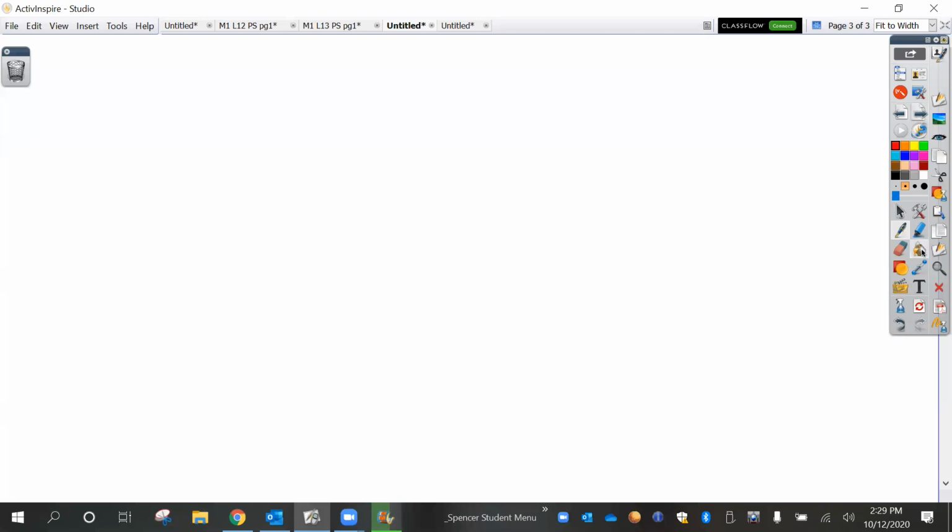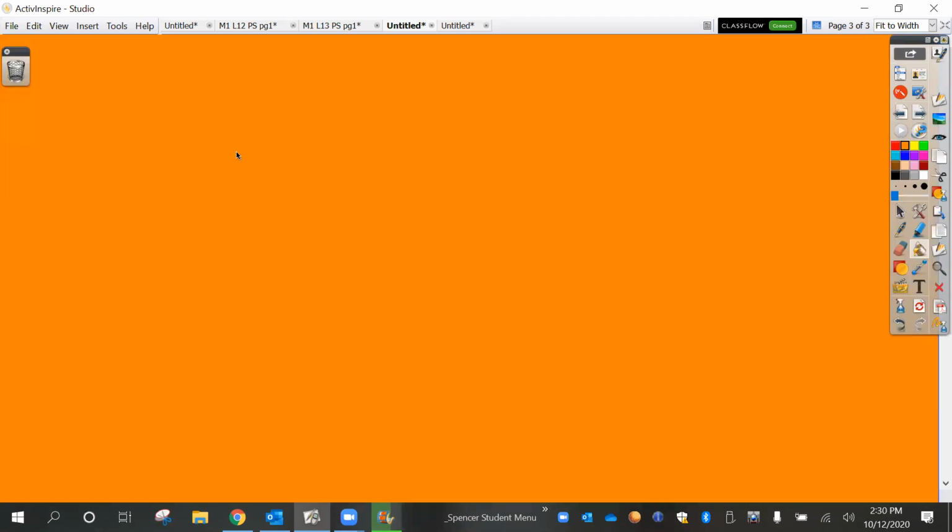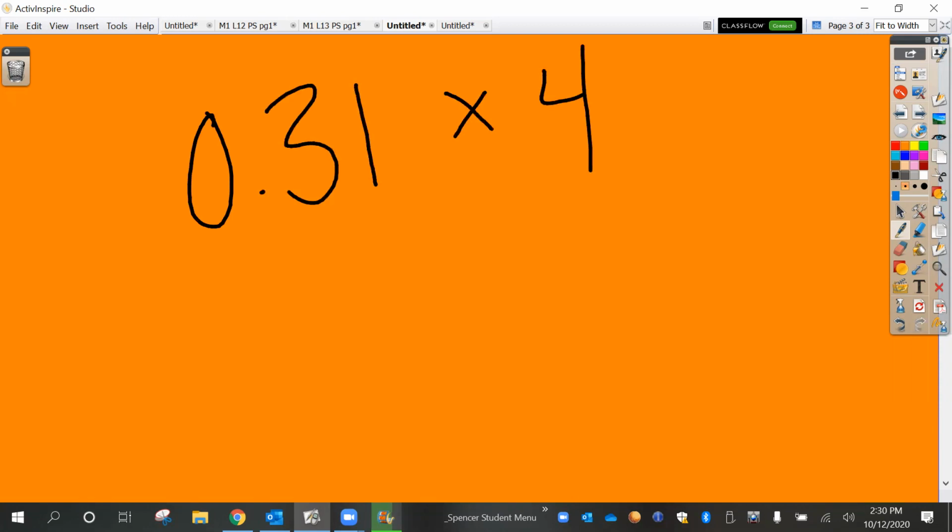So let me just quickly give ourselves another page to work with so I can go back to that page. So this time, let's do black or orange background, and we'll use black on top of it, very Halloween-y. So let's do same digits. We're just going to change the unit, 0.31 times 4.